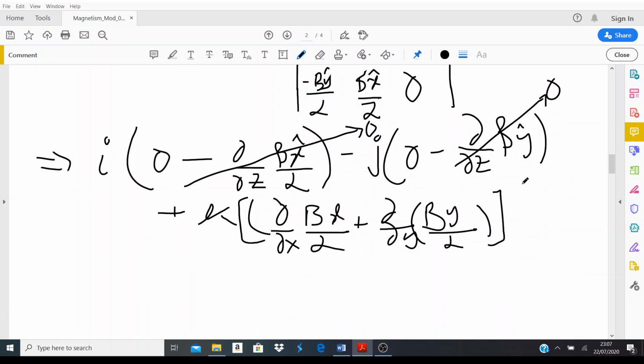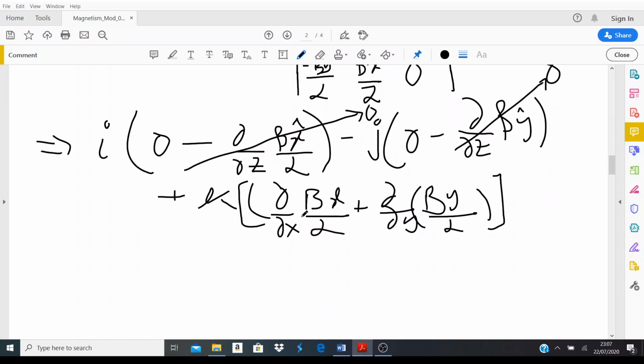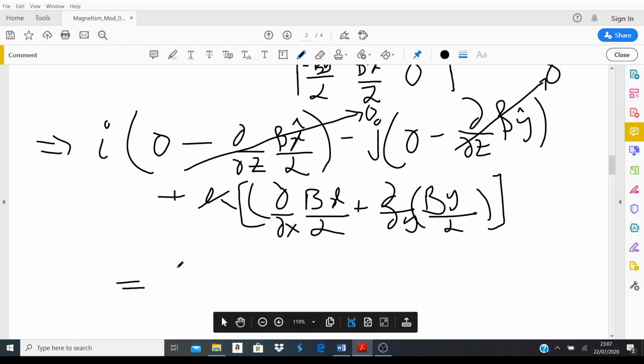The only term that exists is this term. So b is the constant, and if you differentiate x, that's 1. Here b is also a constant. If you differentiate y, that's 1, right? So the result is k, which is the unit vector. So let's not put any hat here. Unit vector k times b/2 plus b/2, right? So which is kb.